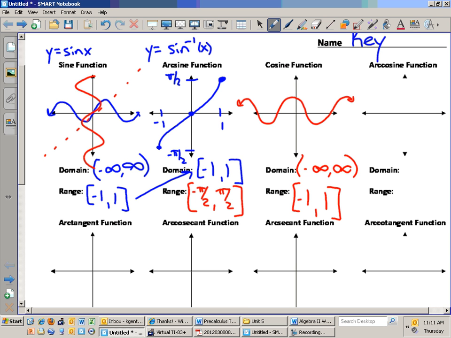I'll have to draw that in there. There we go. That's what you get for arccosine.